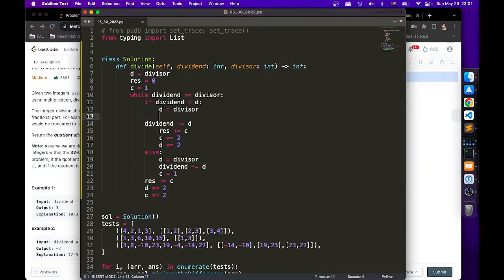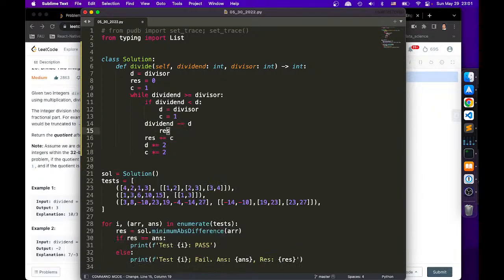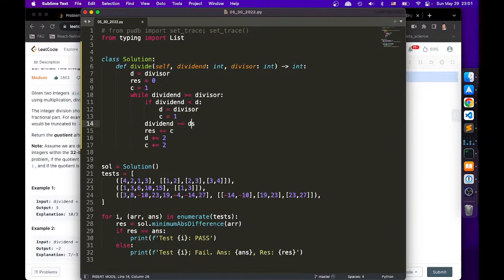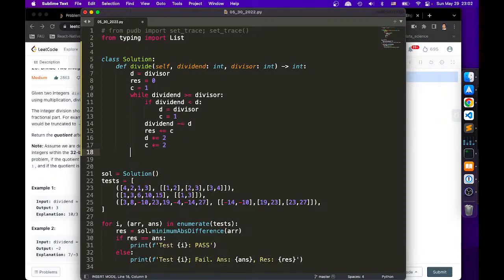So this D go back, C need to go back, and then all of these are gone. Right. So if dividend is smaller than D, so D grew too big, so D go back to divisor, C go back to 1, and dividend minus equal D, and the res plus equal to C, and I go this. So blah blah blah. Once we're done, we will have a result, right?